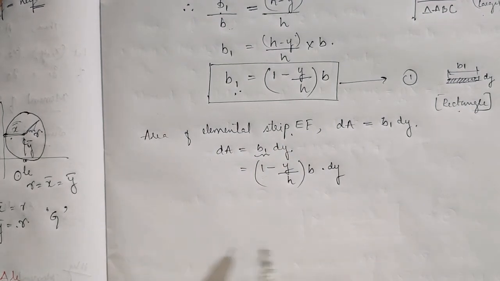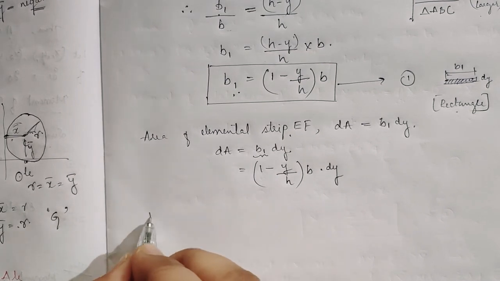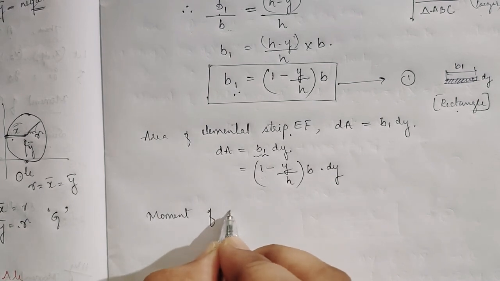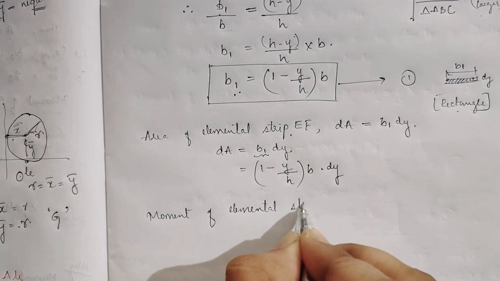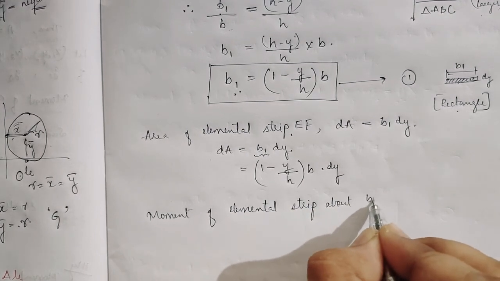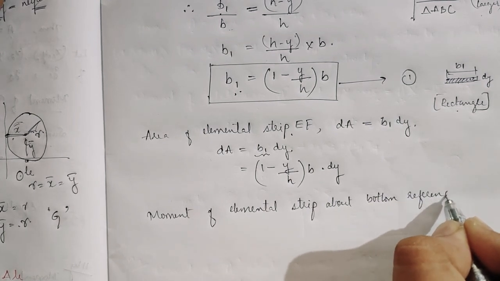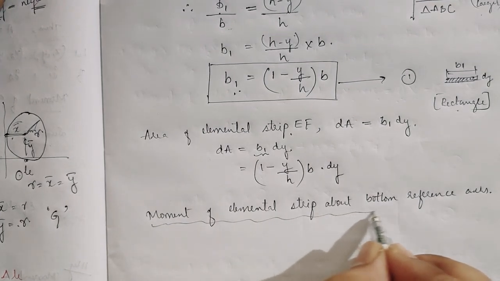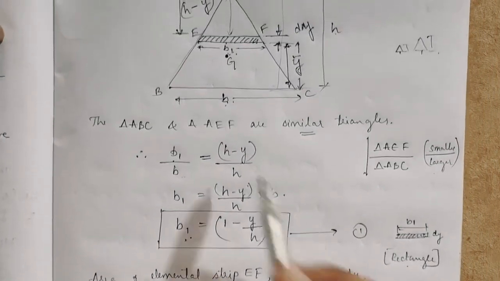Now I'll take the moment of the elemental strip about the bottom reference axis. What is the moment of the area of the elemental strip about this axis?